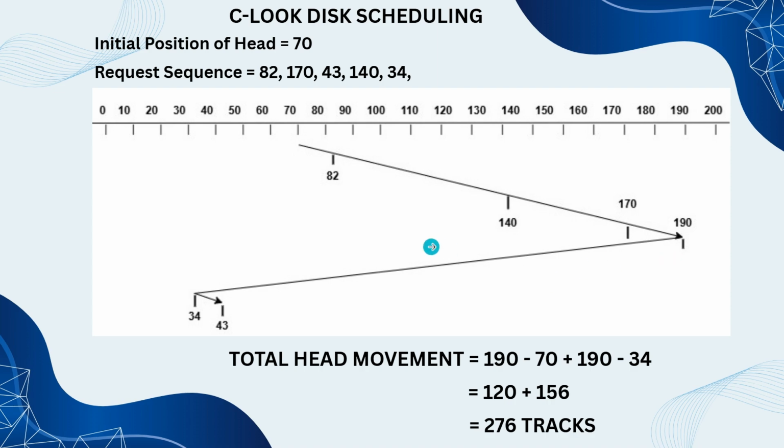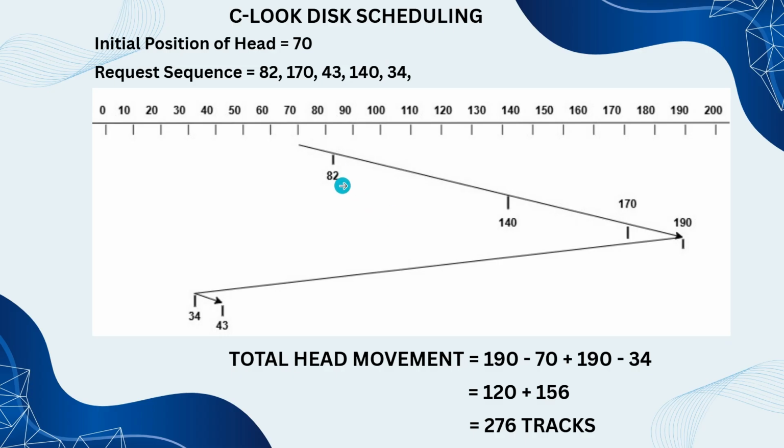So here the example is given. Consider the same disk requests arriving in the order 82, 170, 43, 140, 34 and 190. So here the initial position of the disk head is track 70. Then the head is moving towards the right direction. So here the figure shows how the disk head moves for the requests by using the C-look scheduling algorithm. So here it starts from the track 70 and moves towards the right.